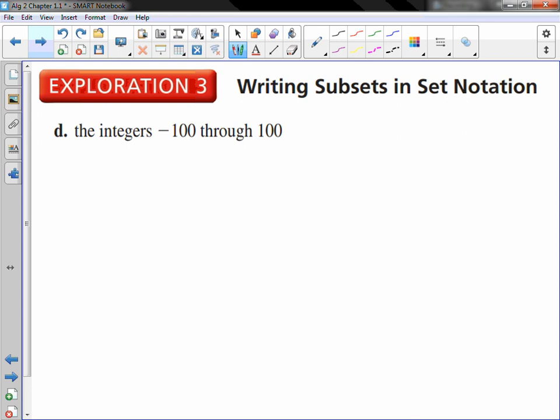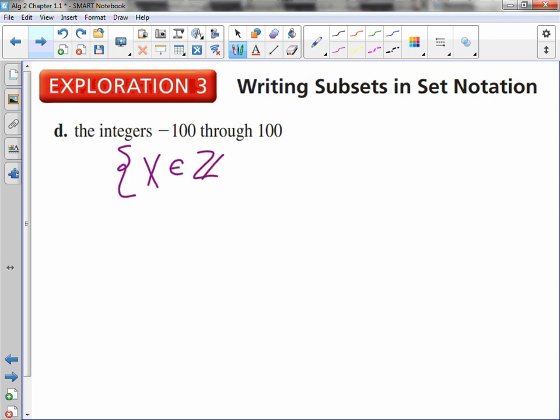This is where we do have to be specific, because it's not talking about real numbers, it's talking about what? Integers. So this here would actually be easier to write than the last one. I mean, barely. But we'd still have to have over 200 numbers to write out. I wouldn't want to write that 200 times. So we would still stick with x is an element of what? The integers.